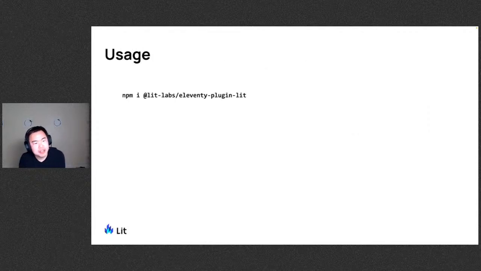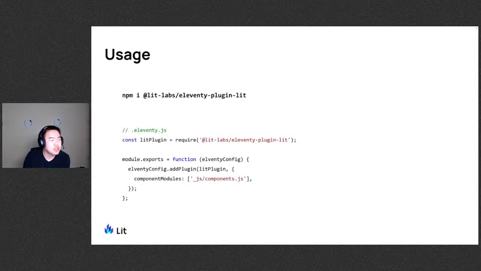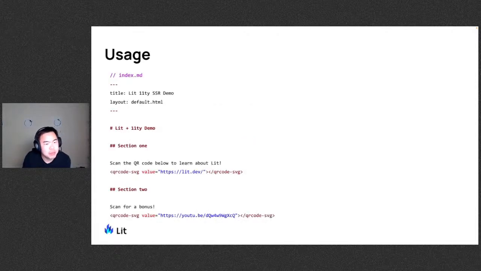First, you want to go ahead and install the package, and we'll configure it in our 11ty config, where you can provide the component modules that should be loaded for server rendering. Once this is configured in 11ty, let's say we're building a page with some markup file. Here I have an index page where I have a couple of custom element tags embedded here with the QR code SVG components.